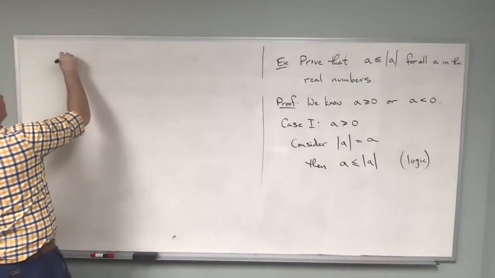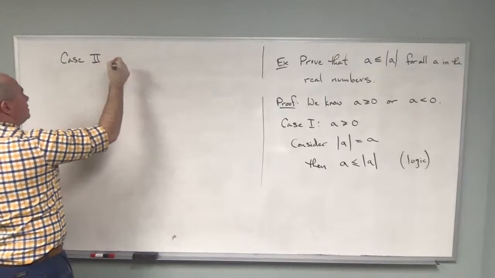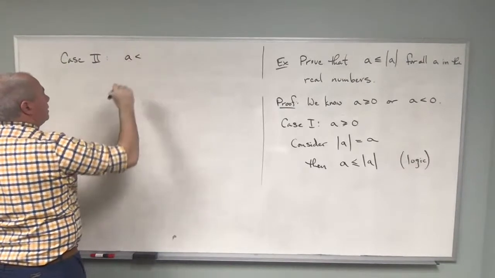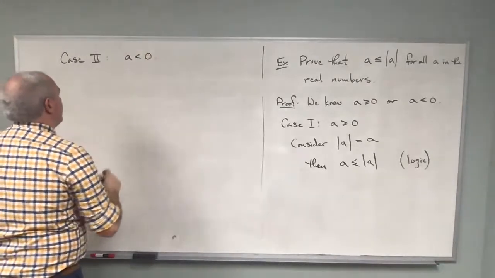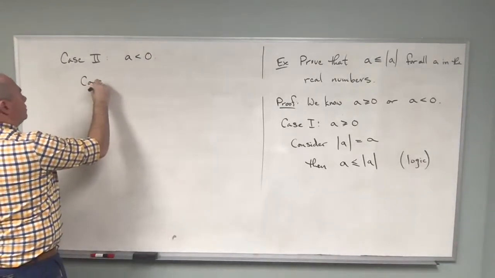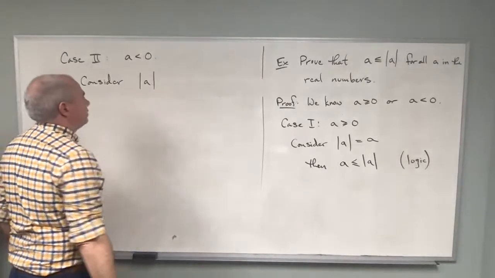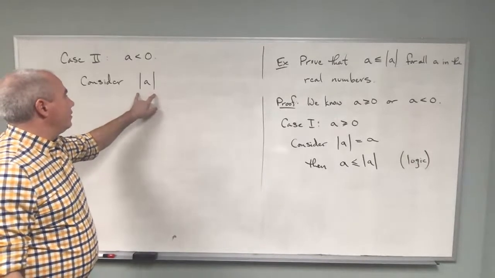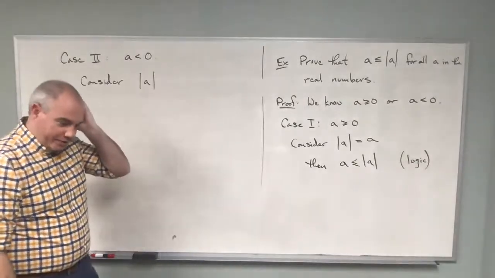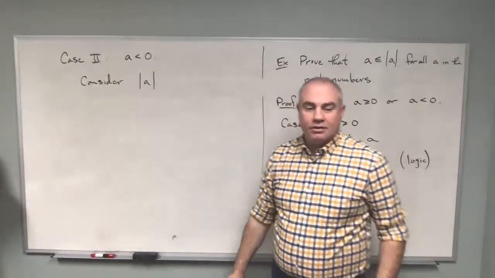So case 2 is that A is less than 0. So now let's consider the absolute value of A. What do we know about the absolute value of A, if anything?